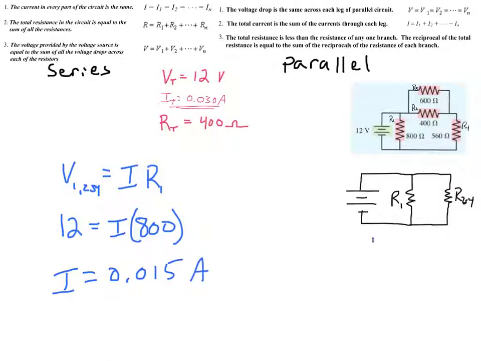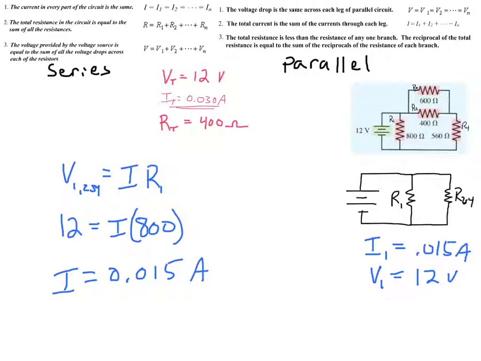And this will be the current across resistor 1, 0.015 amps, and it'll be the current across the equivalent of resistor 234. The voltage drop across resistor 1 will be the full 12 volts.